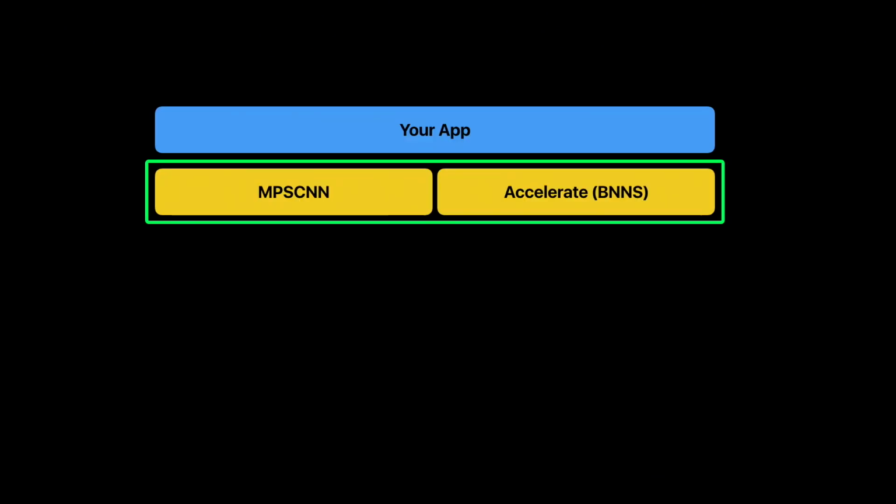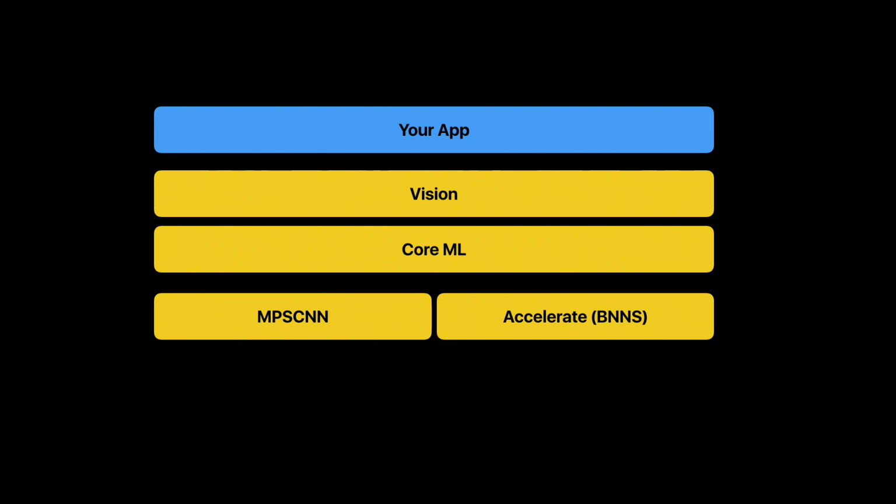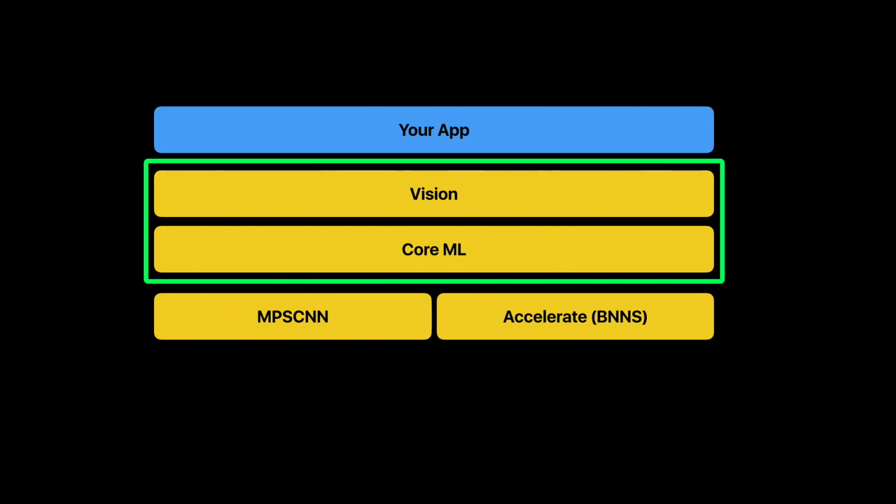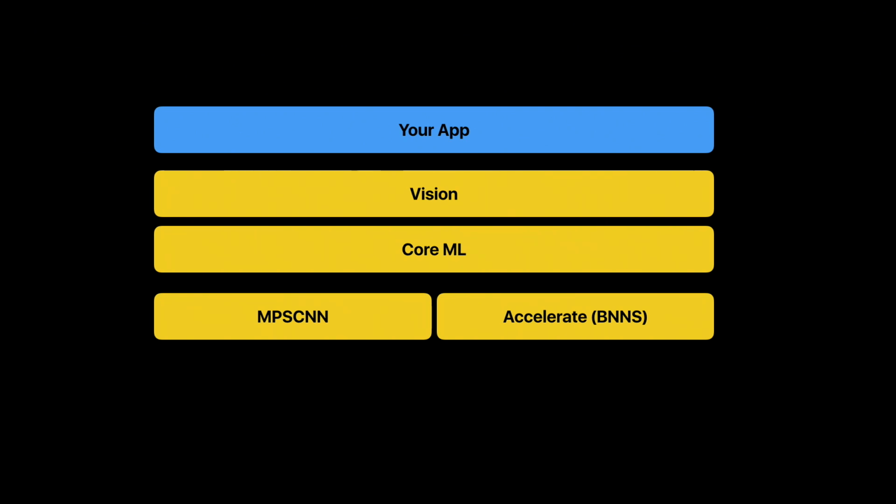So, although this works, CoreML and Vision make it much easier. Okay, so far I explained how to implement a deep learning feature without iOS 11 frameworks and with iOS 11 frameworks.